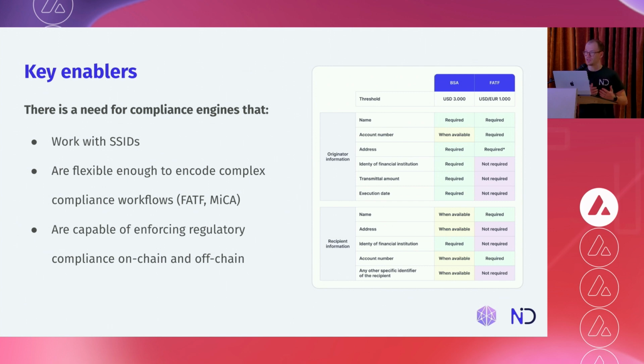What financial institutions in Web2 now need to do, and we can expect to have the same in Web3, is to verify a very complex set of rules. They need to look at all the transactions that are happening, and when the transaction is bigger than a certain amount, they need to trigger a KYC verification for the users, and depending on the jurisdiction, the information that is needed is different.